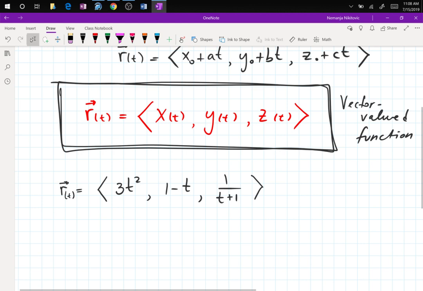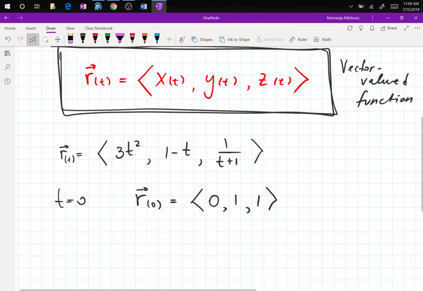So now, why is this called a vector valued function? Because at t equal to 0, let's say, you can calculate r at 0, which is going to be 0, 1, 1.